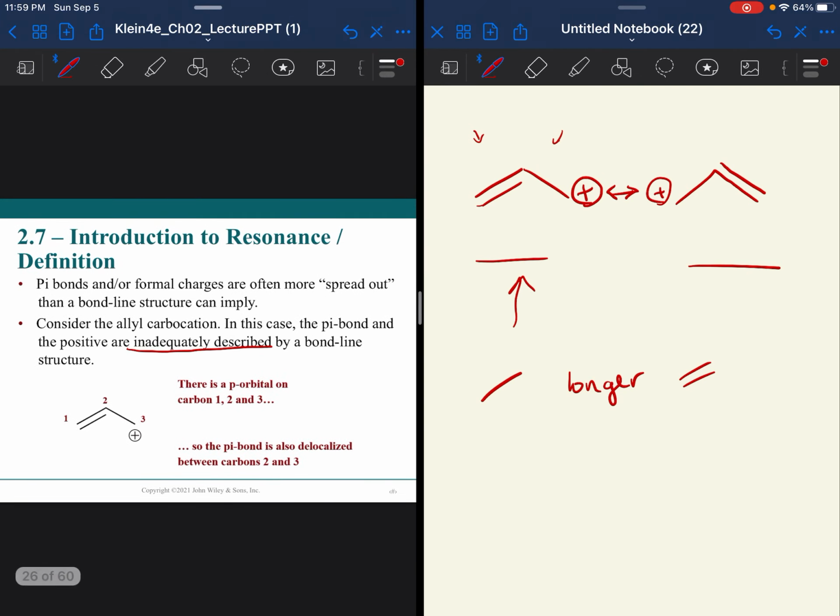So we say that this pi bond is delocalized. It's not just between carbon 1 and carbon 2 or 2 and 3. It's more spread out than that. It really is something more like this, where they're both 1.5 bonds. And the plus charge is spread out between the two end carbons.